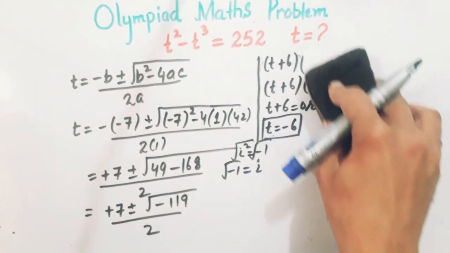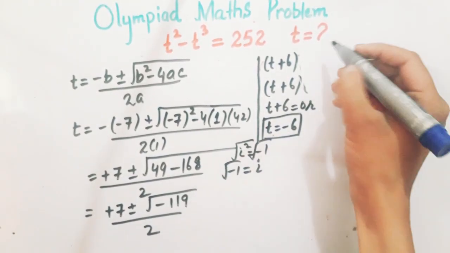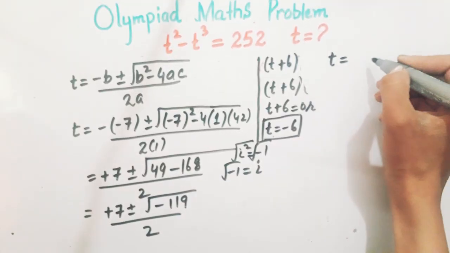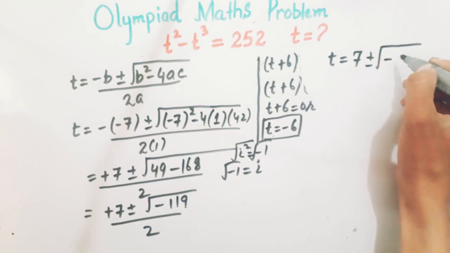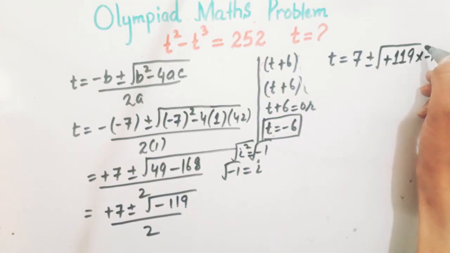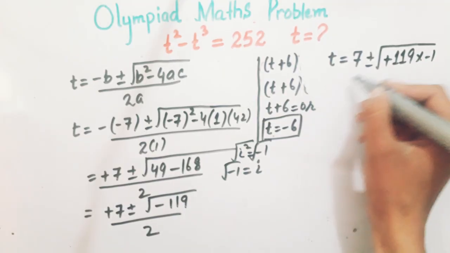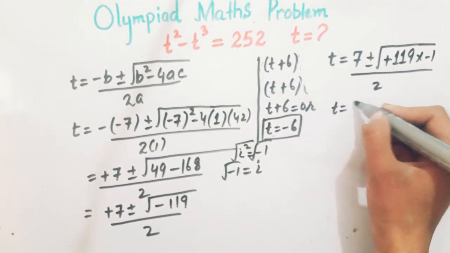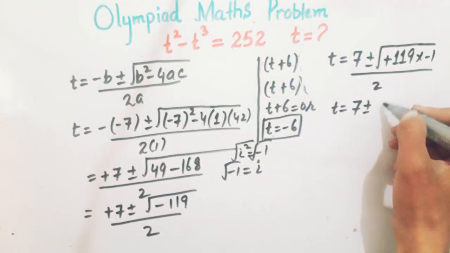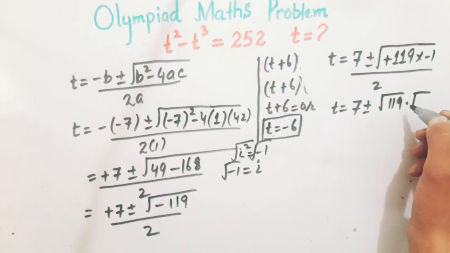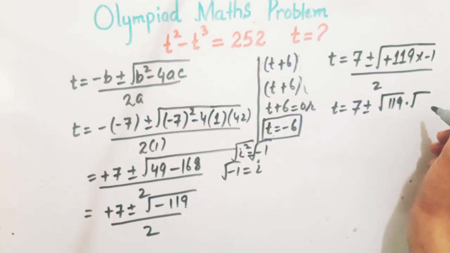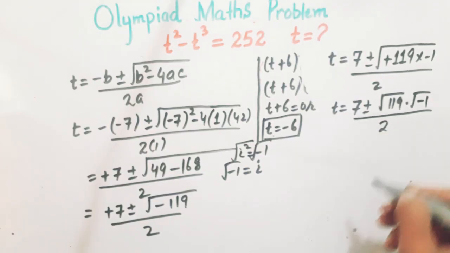So we will write in place of this that t equals 7 plus minus square root of 119 multiplied by minus 1, so it will become 7 plus minus square root of 119 into square root of minus 1, divided by 2.